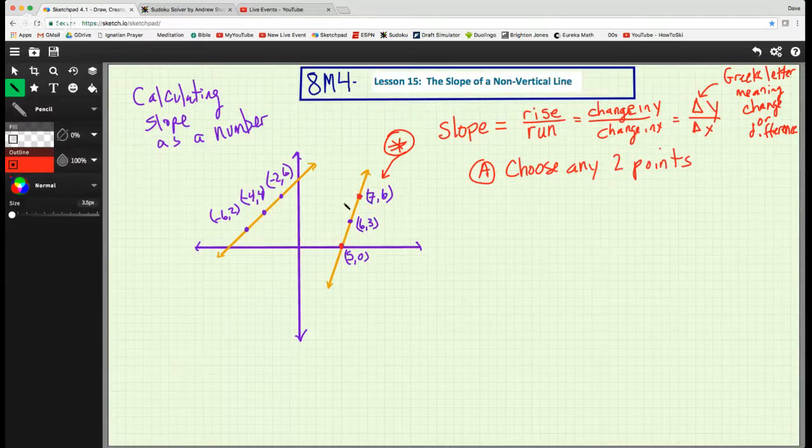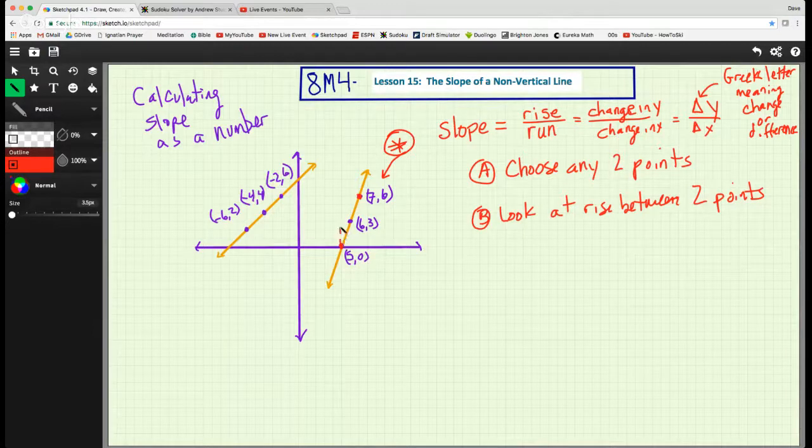And what I'm going to do is I'm going to look at the rise. So I'm going to see how far this line rises between these 2 points. It could go down, but in this case, it goes up. So we're going to look at the rise.